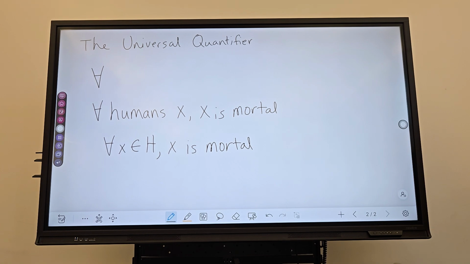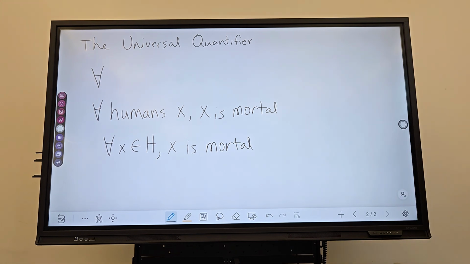It is defined to be true if and only if Q of x is true for each individual x in D. It is defined to be false if and only if Q of x is false for at least one element x in D. The value for x for which Q of x is false is called a counterexample to the universal statement.